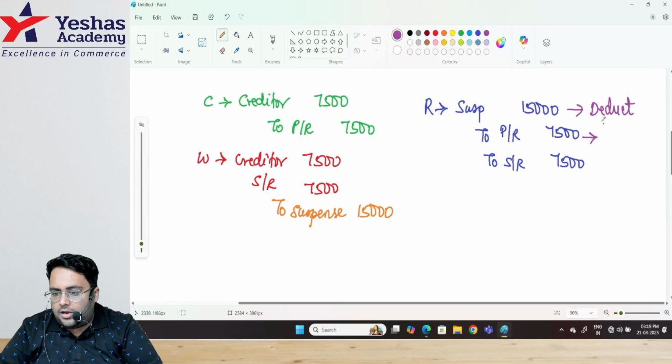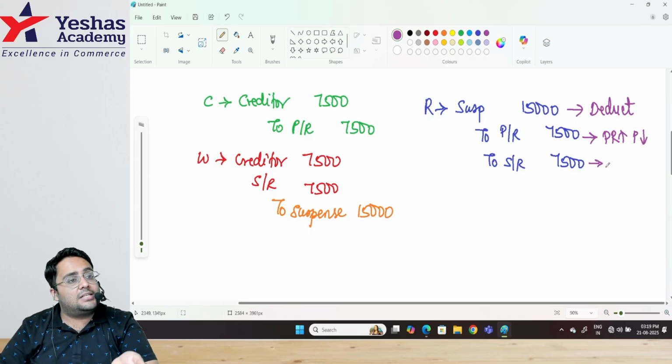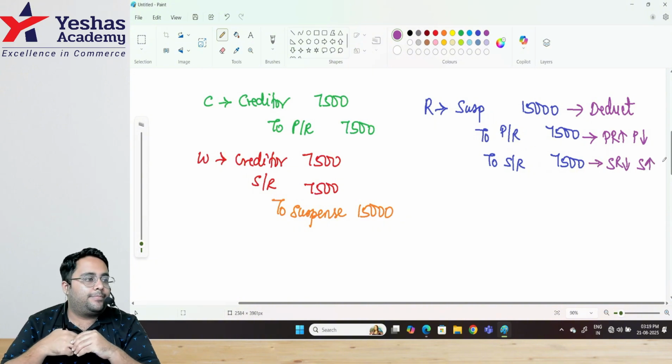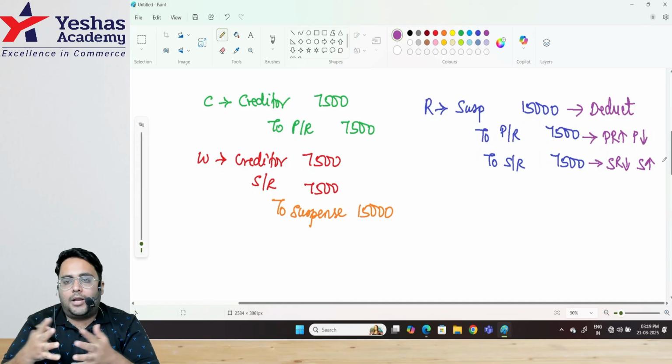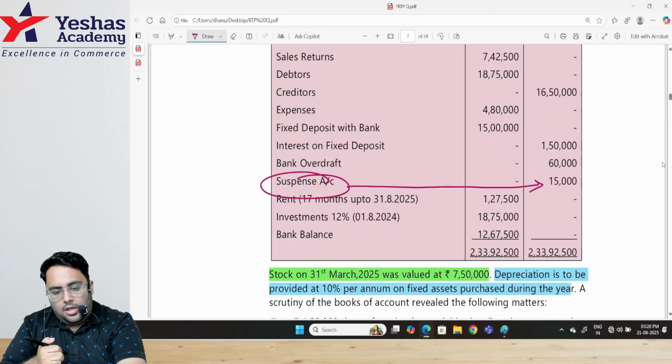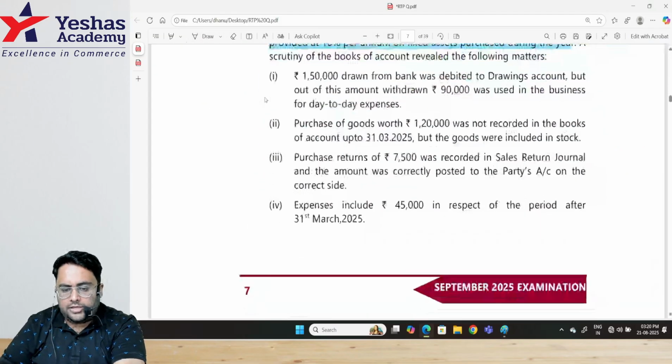Option number 1, you can say purchase return goes up or you can say purchase goes down. Sales return is credited. Sales return goes down or sales goes up. So when I say up or down, automatically add or deduct. Got this right? Okay. Come down to the fourth adjustment.